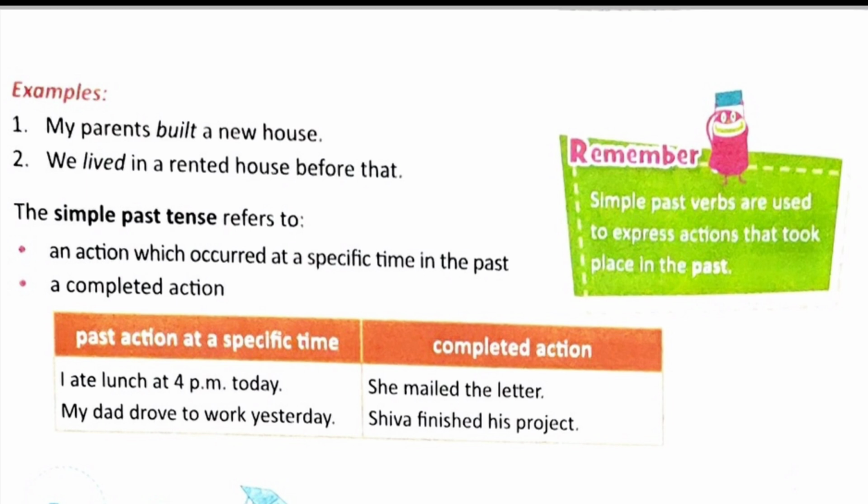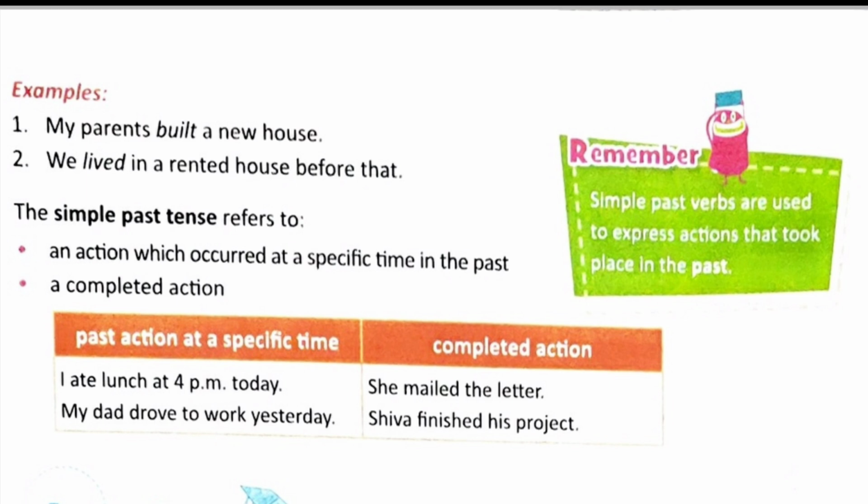The simple past tense refers to an action which occurred at a specific time in the past or a completed action. So examples of a past action at a specific time are, I ate lunch at 4 p.m. today, or my dad drove to work yesterday. And examples of a completed action are, she mailed the letter and Shiva finished his project.